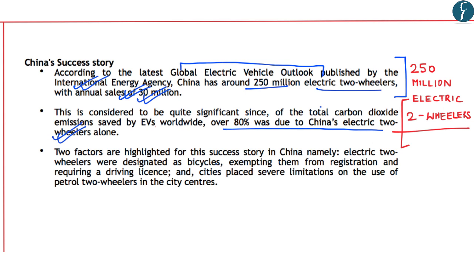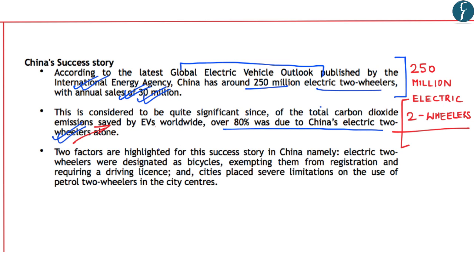So this is a very significant number with respect to saving of carbon dioxide emissions through electric vehicles. China's success story has given India confidence with respect to developing an infrastructure for electric vehicles in India, starting with the two-wheelers.